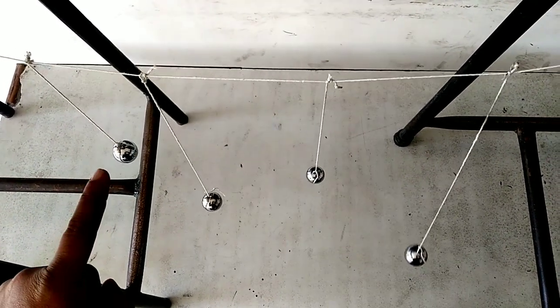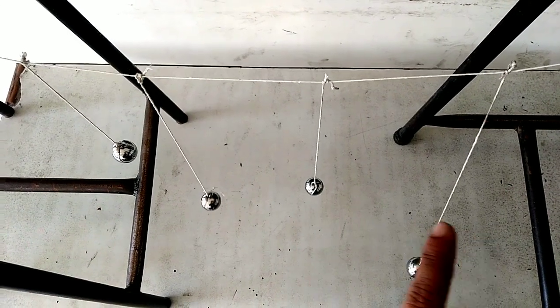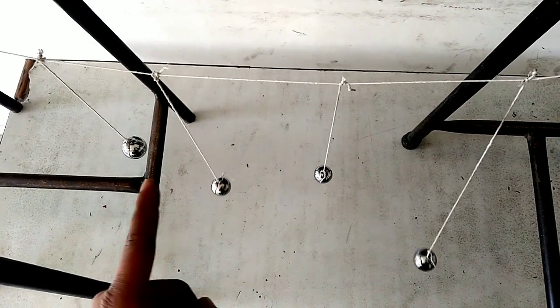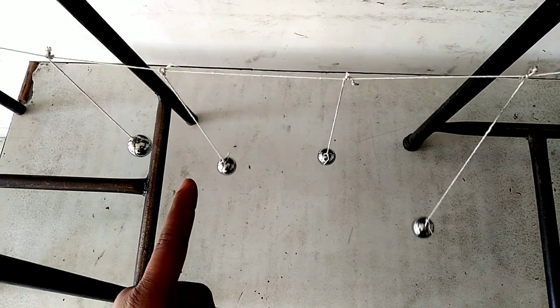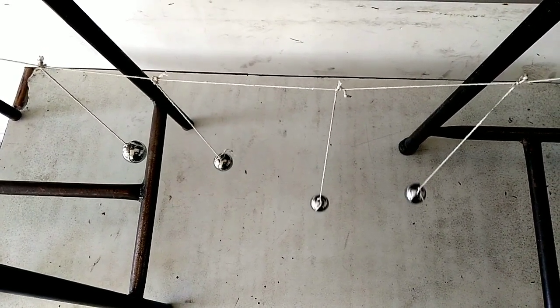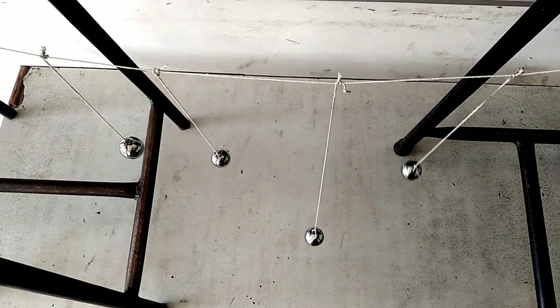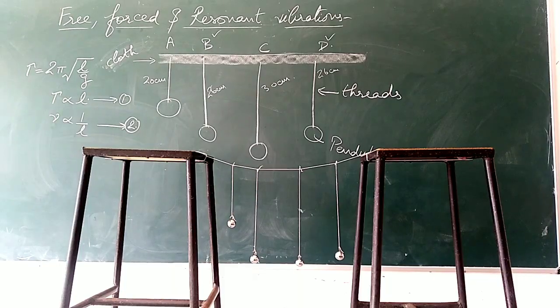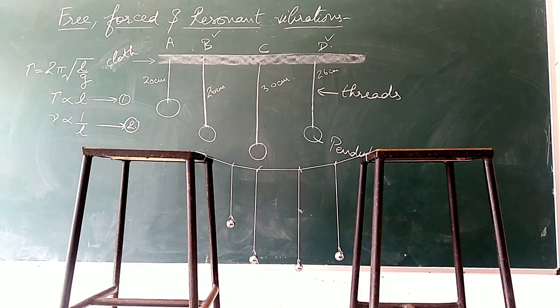C and A are experiencing forced vibrations. Now this pendulum D is transferring energy to B. So students, this is the best activity to illustrate the free, forced and resonance vibrations.